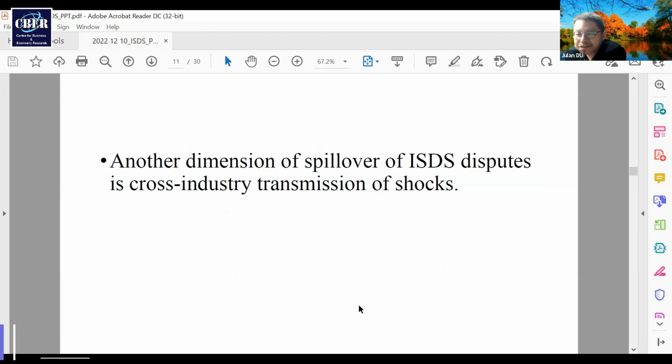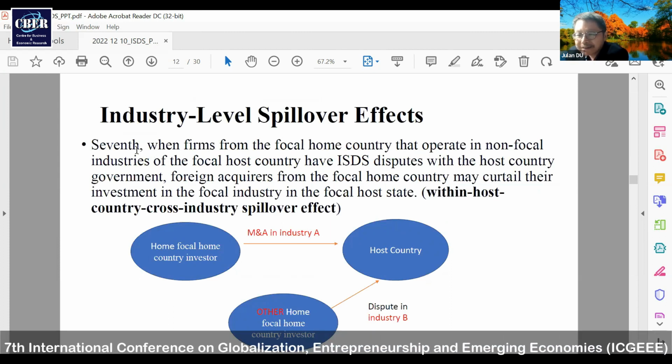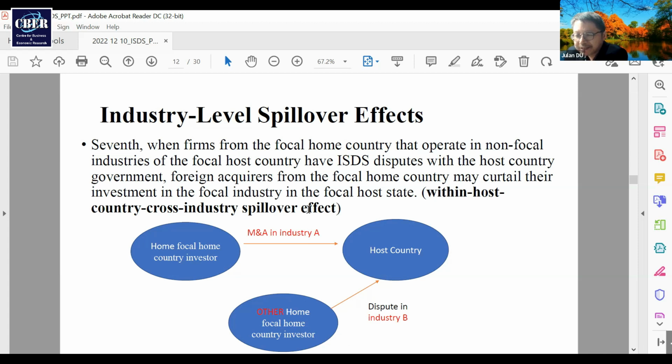So then we go further to look at another dimension of spillover. That's a cross-industry transmission of shocks, right? So the seventh type of effect we look at is within host country cross-industry spillover effects.